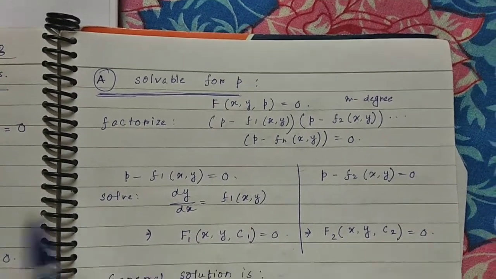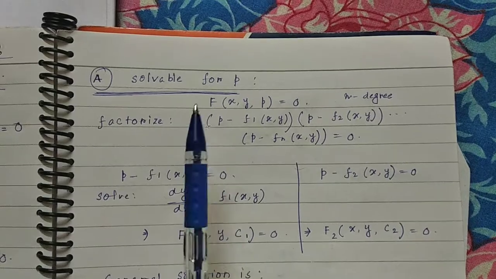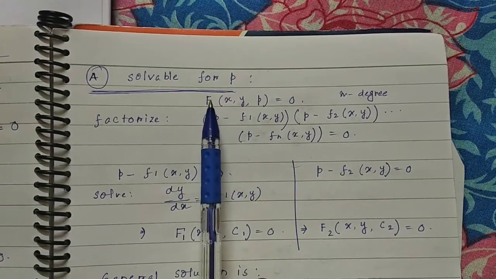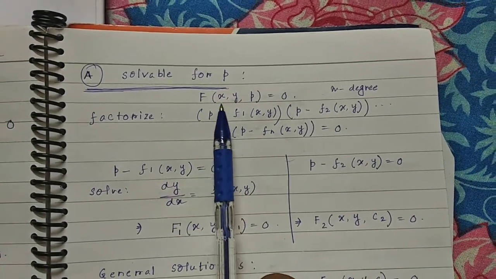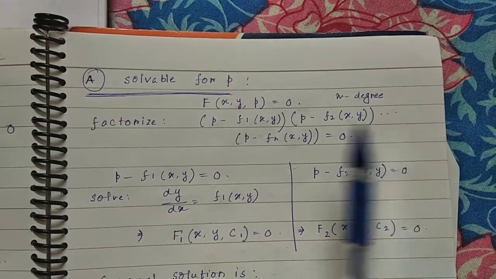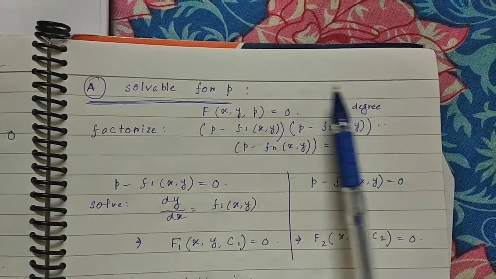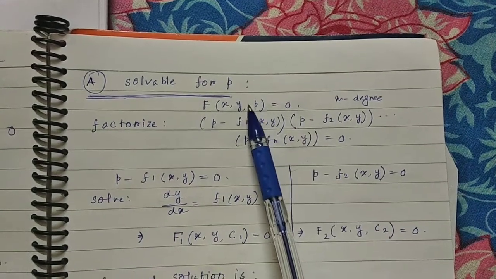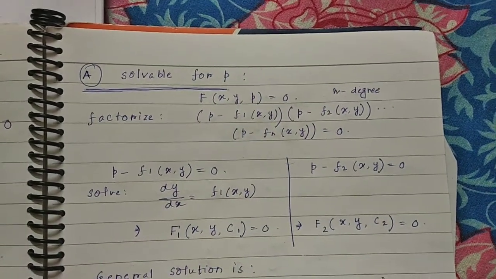So solvable for p means you are given a differential equation of the form f of x, y, p equals 0. This can be of nth degree, so the power of p is at most n.